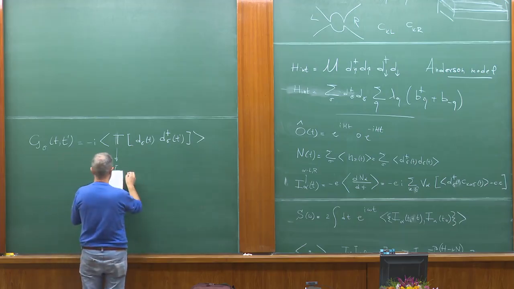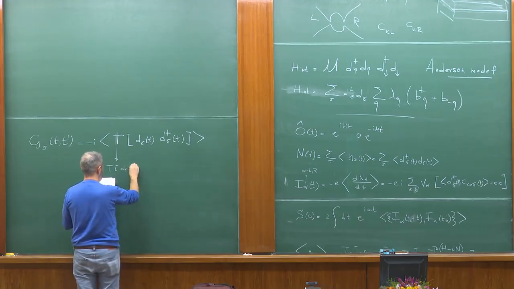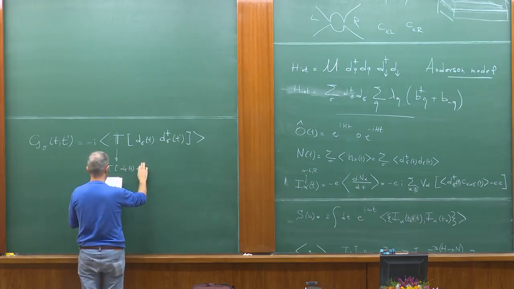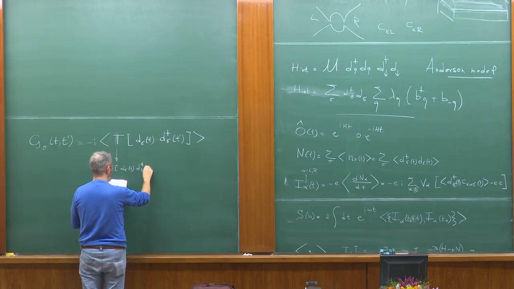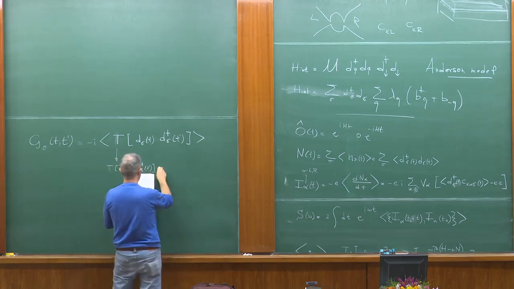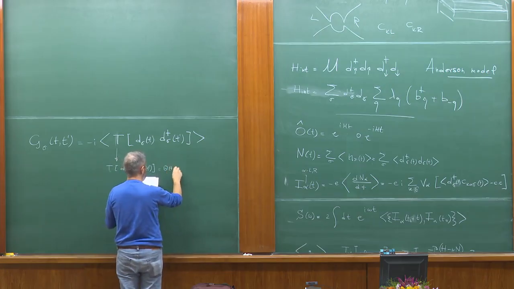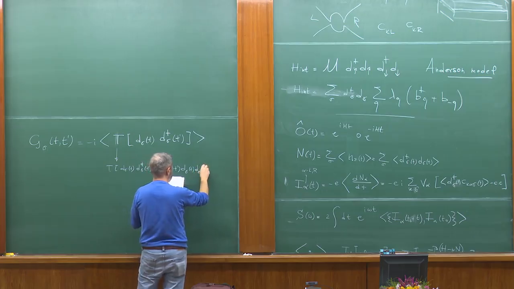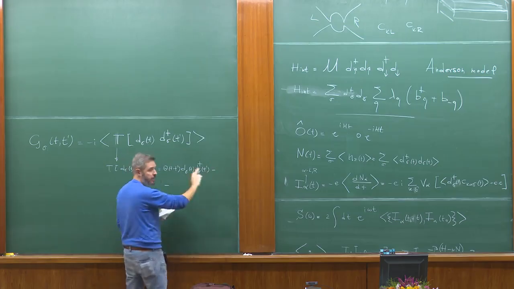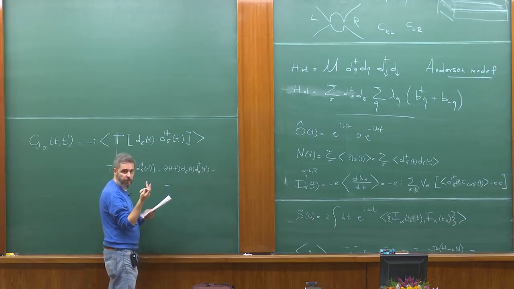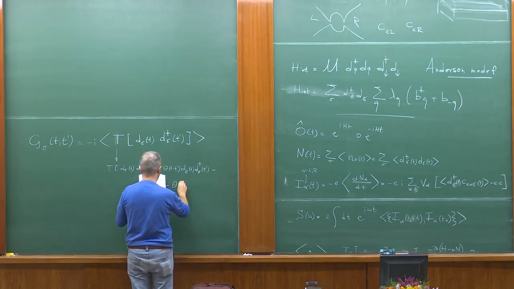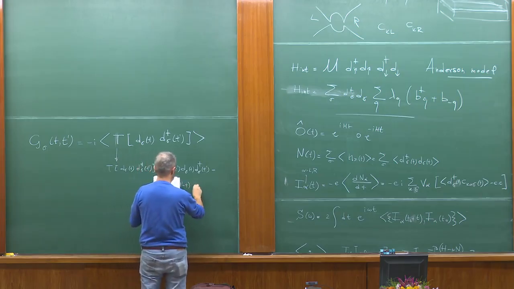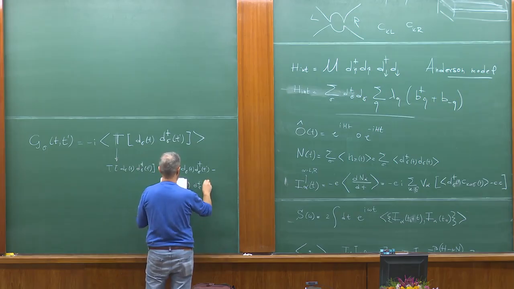So it equals theta(t minus t') d_sigma(t) d^dagger_sigma(t'), minus, the minus sign comes because I'm dealing with fermionic operators, theta(t' minus t) d^dagger_sigma(t') d_sigma(t).